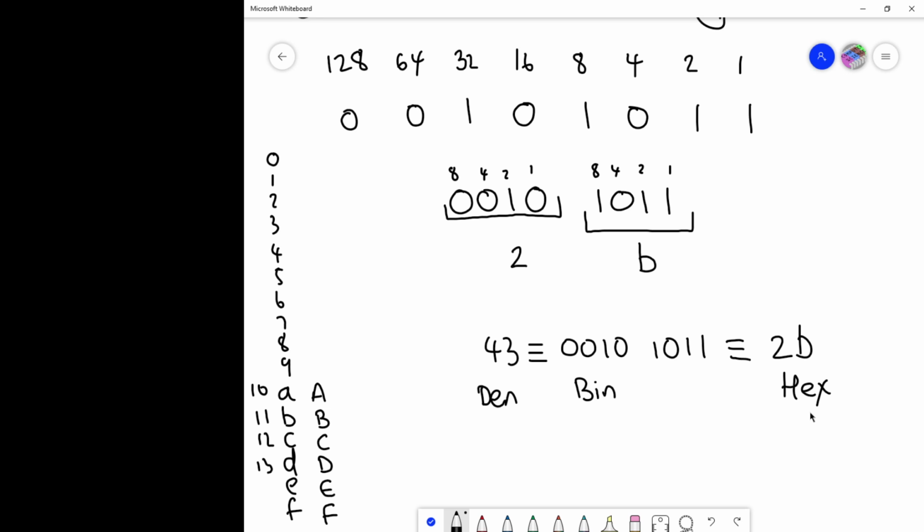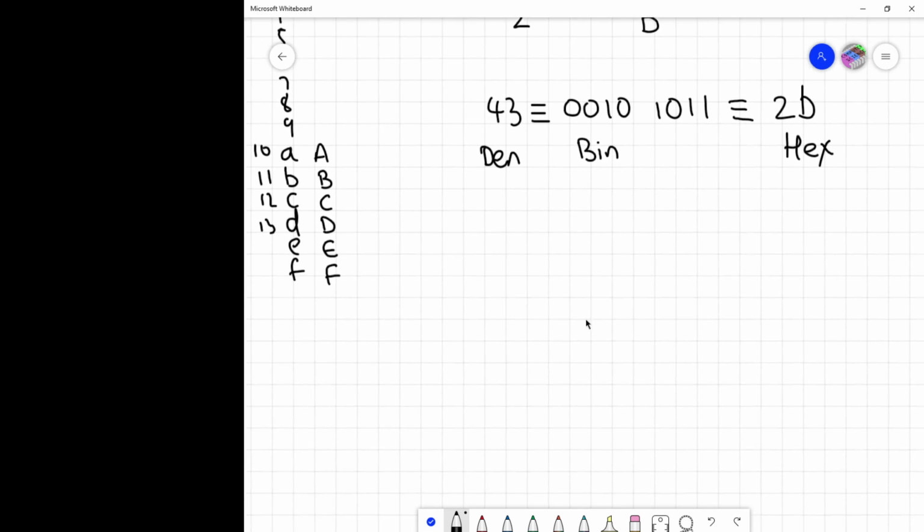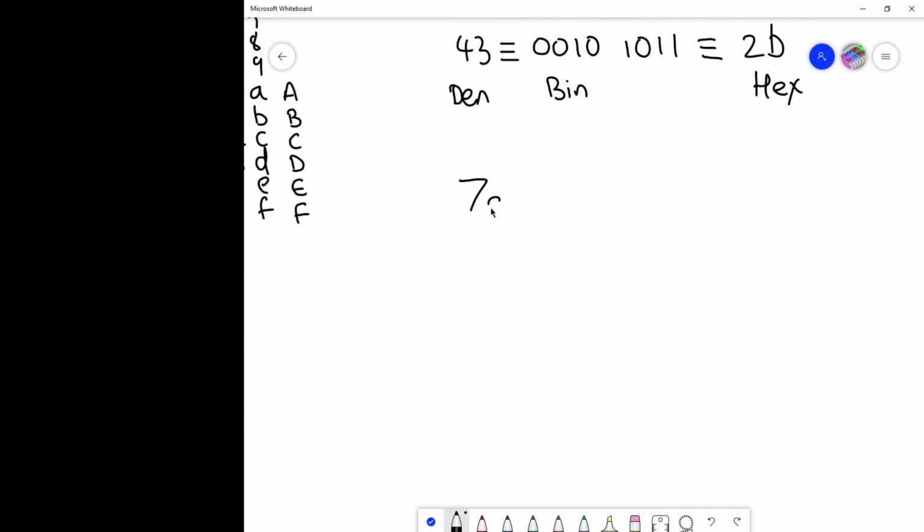So the process is that hexadecimal and binary were designed to work together. That's why we use hexadecimal. To go the other way is exactly the same process, and it's probably simpler. So if I have a hexadecimal value, can anyone tell me how many bits that would be in binary in total? 4 hex digits, how many bits is that going to be?